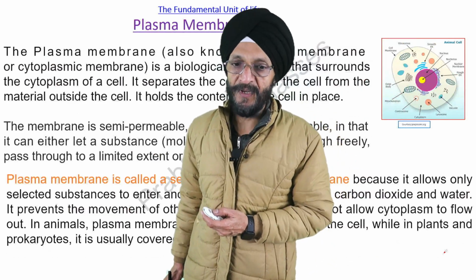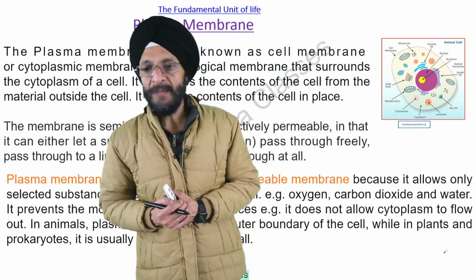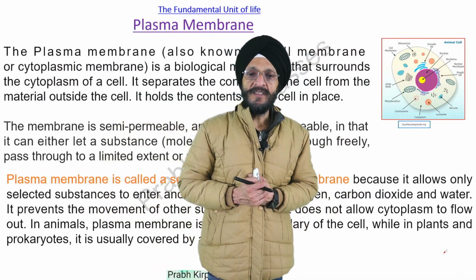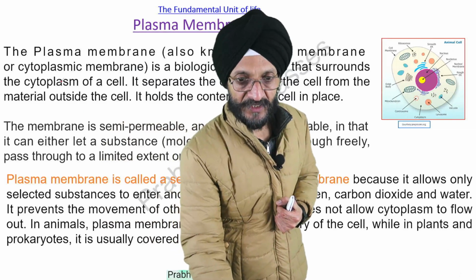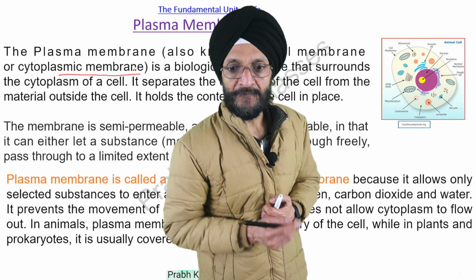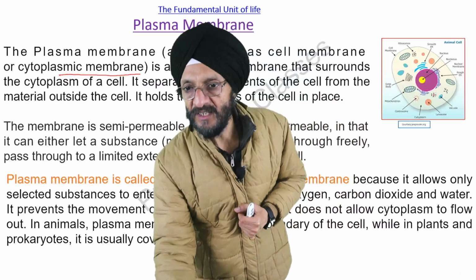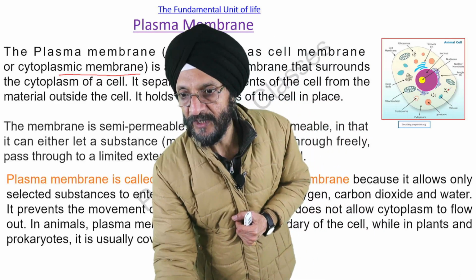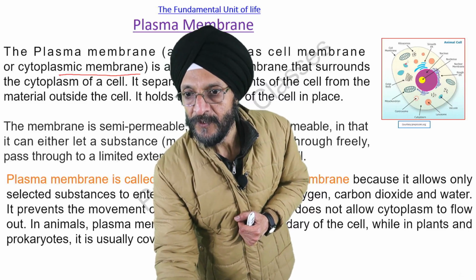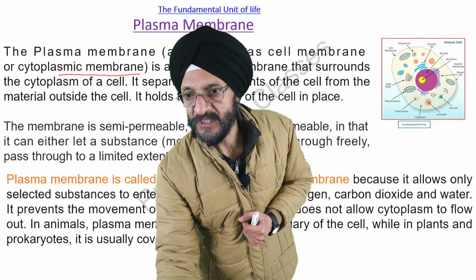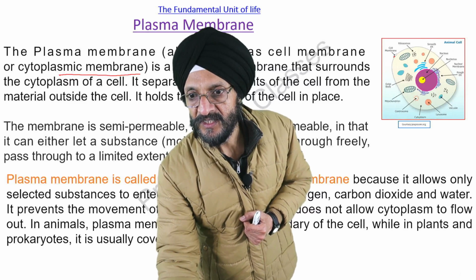Now, plasma membrane. The plasma membrane is also known as cell membrane or cytoplasmic membrane. It is a biological membrane that surrounds the cytoplasm. This is the cytoplasm all here and there. And cytoplasm is covered by this cell membrane.